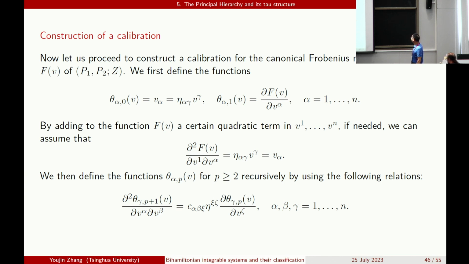And then, given flat exact bihamiltonian structures, we have this Frobenius manifold structure, and then we can construct this calibration. First, we can define a set of functions theta alpha p using this recursion. Essentially, these constructions can be described by using the so-called deformed flat coordinates of the Frobenius manifold, of the deformed flat connection of the Frobenius manifold.